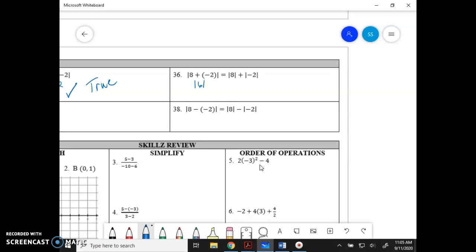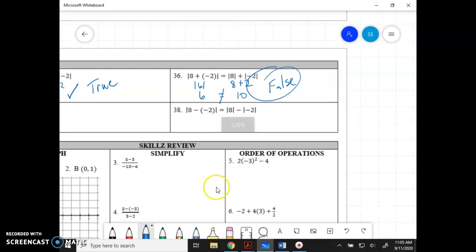Absolute value of positive 6 is 6. And let's see on the other side. We get 8. Absolute value of positive 8 is 8. And the absolute value of negative 2 is positive 2. So now we have 8 plus 2. This is 10. 6 and 10 is not equal. So this one is false.